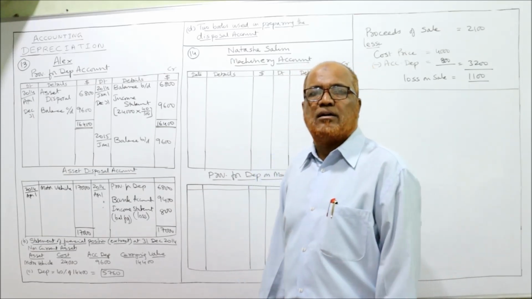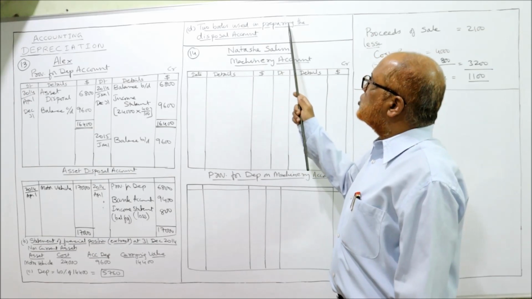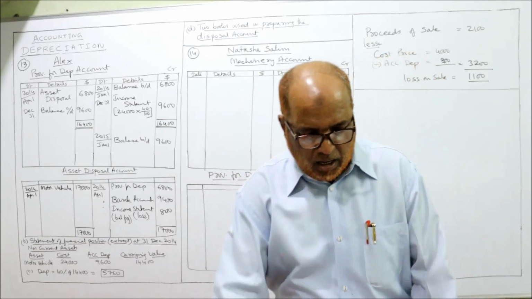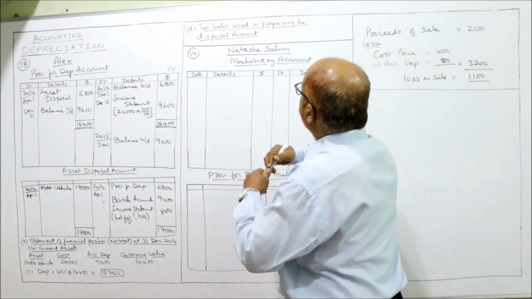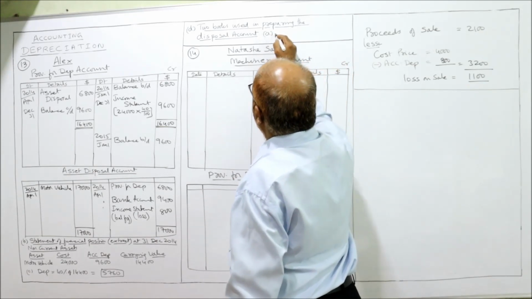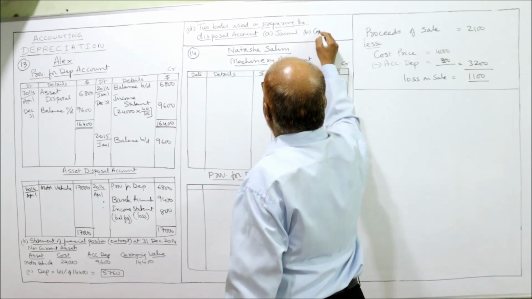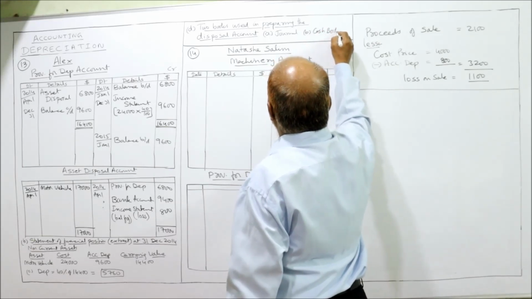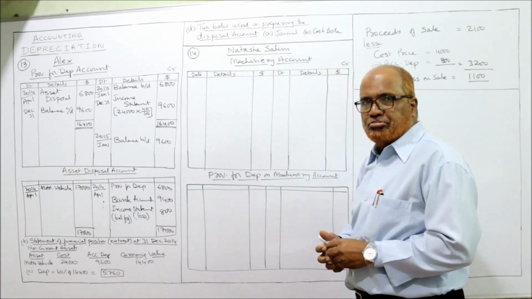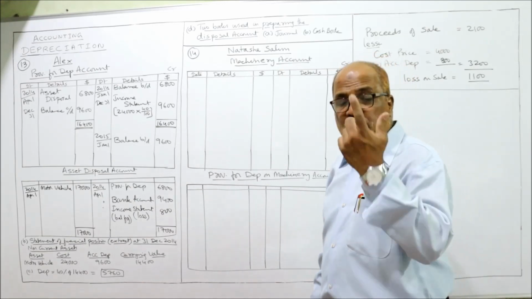That's what it is asking. So the two books used in preparing the disposal account are, first one, A, journal, and B, cash book.